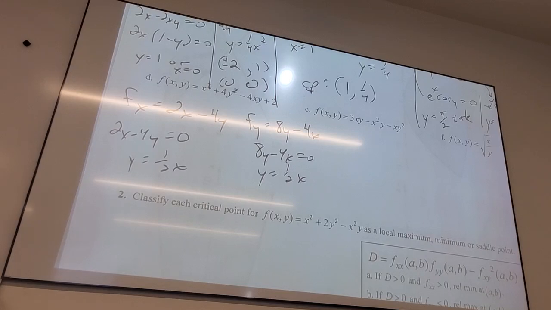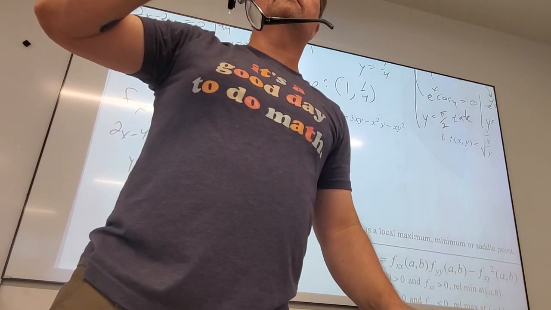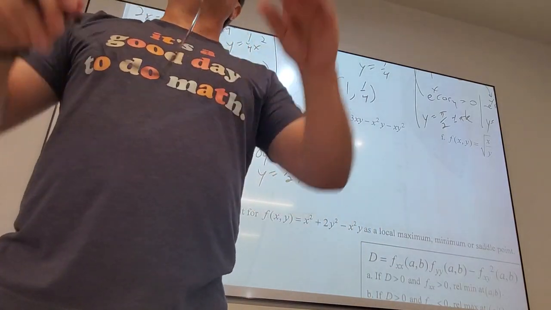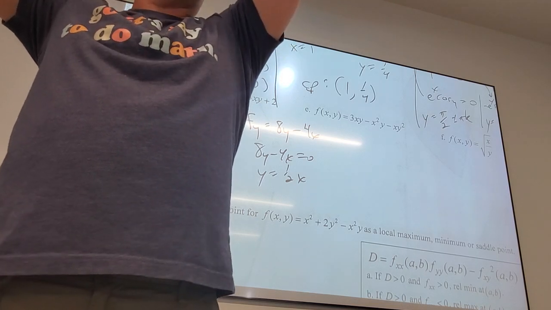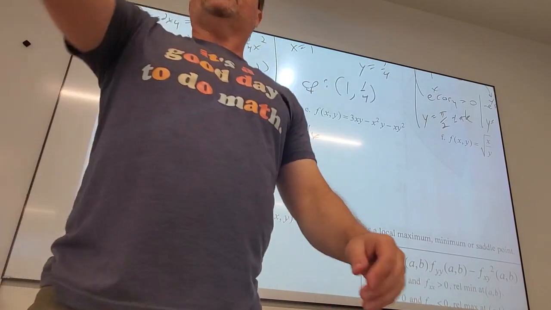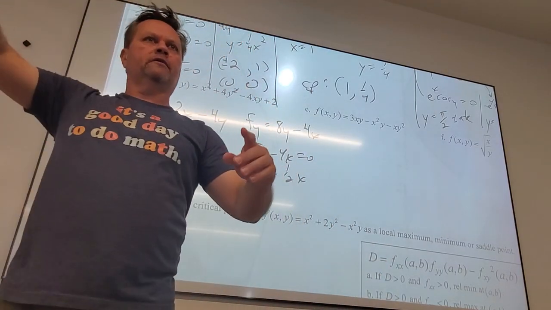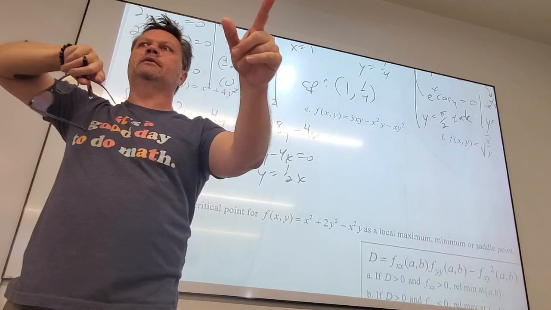If I had a plane, like z equals 7, then every point is a local max and every point is a local min. Is it going to be like that? No. I can tell from the fxy. It's definitely got some curvature to it because it's got the squares and stuff. You with me? So no, it's not going to be that.